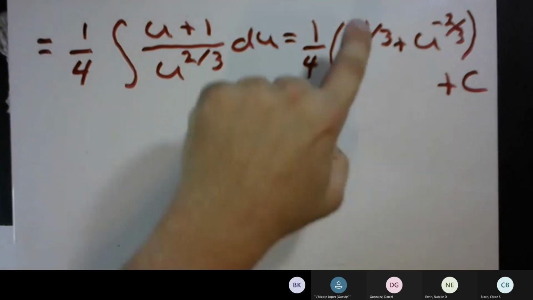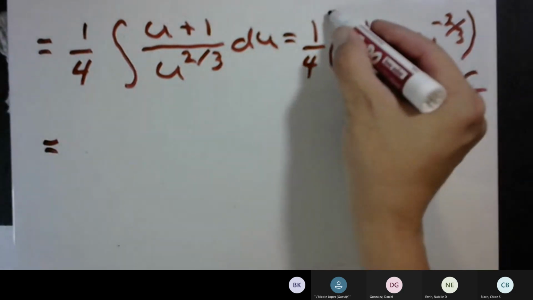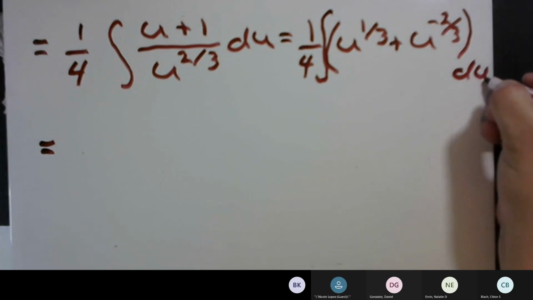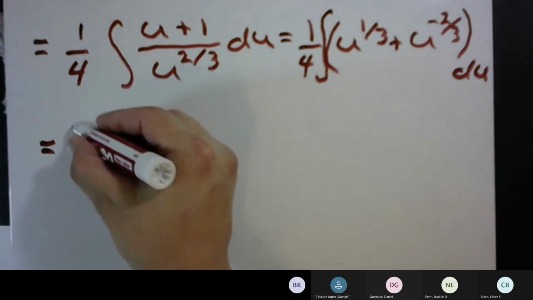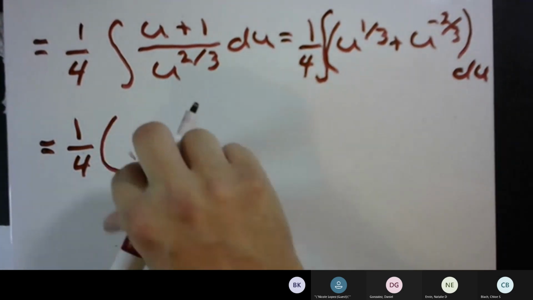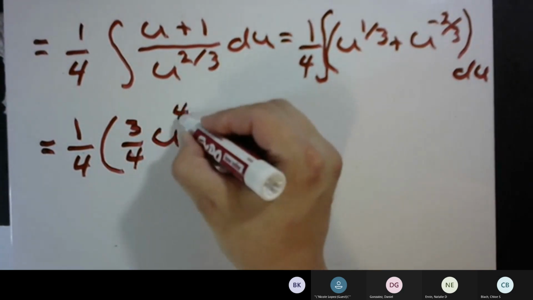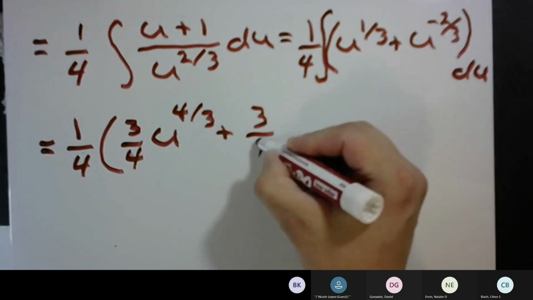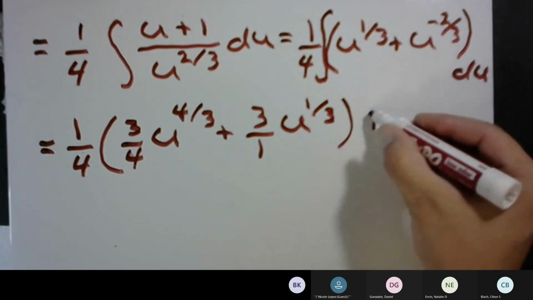So let's start with this with the minus sign removed. And we're going to integrate this. We don't have our plus c just yet. And so when we integrate that, we'll have 1/4, here we go, 3/4 u to the 4/3 plus 3/1 u to the 1/3 plus c.